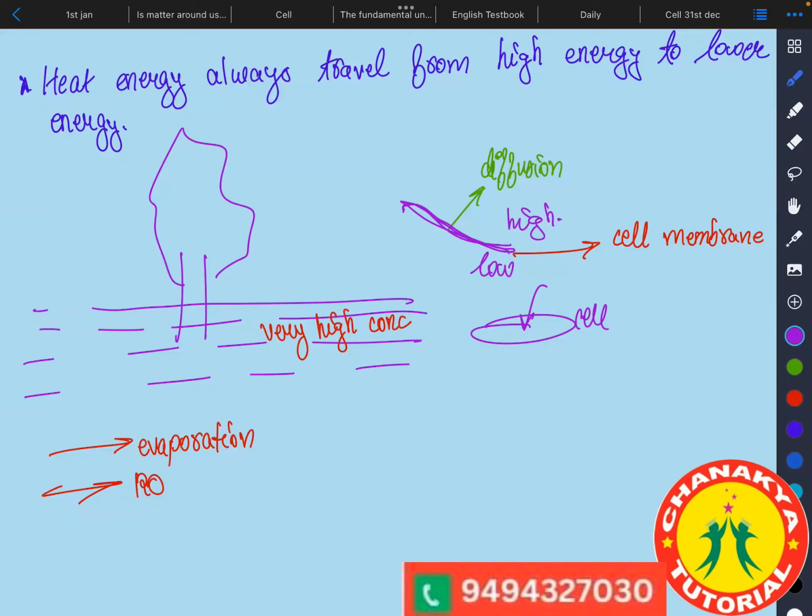So in humans also, if any human or animal cell is placed in water for a very long time, because you can see that plants stand in water for years, for 10 years, 50 years, 100 years, 200 years.